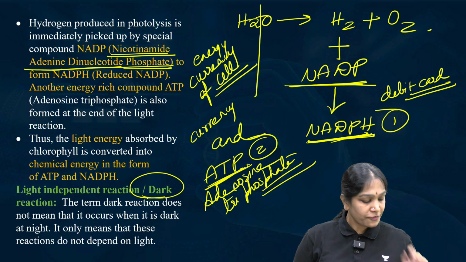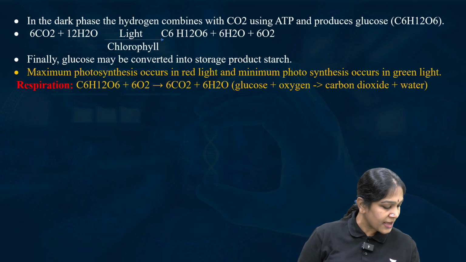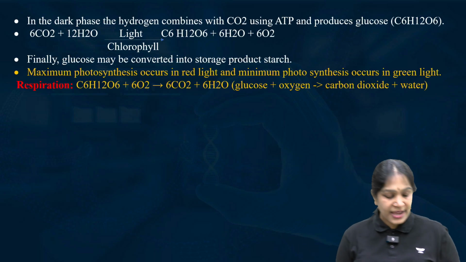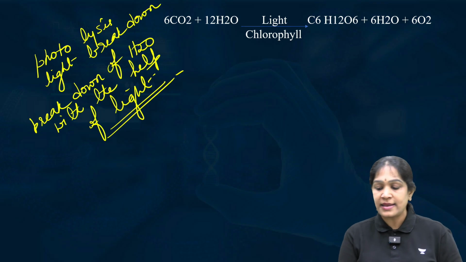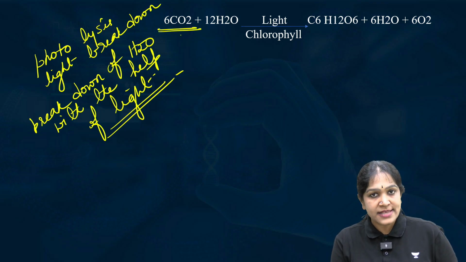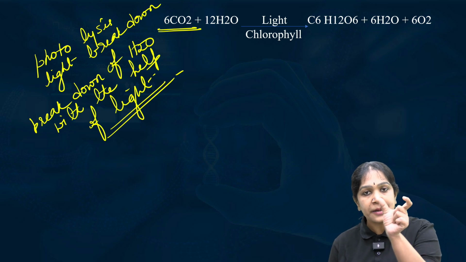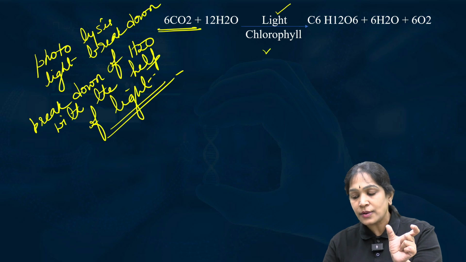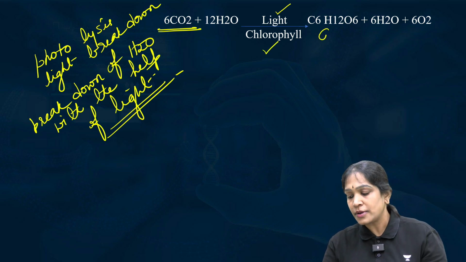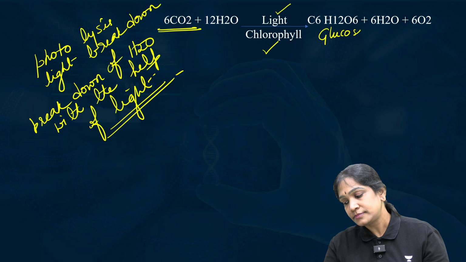Now let us see what is the dark reaction. The dark reaction is this equation, the photosynthesis equation. Let us see that clearly here. Carbon dioxide plus water, in the presence of light and chlorophyll, will form glucose. This is the food prepared.